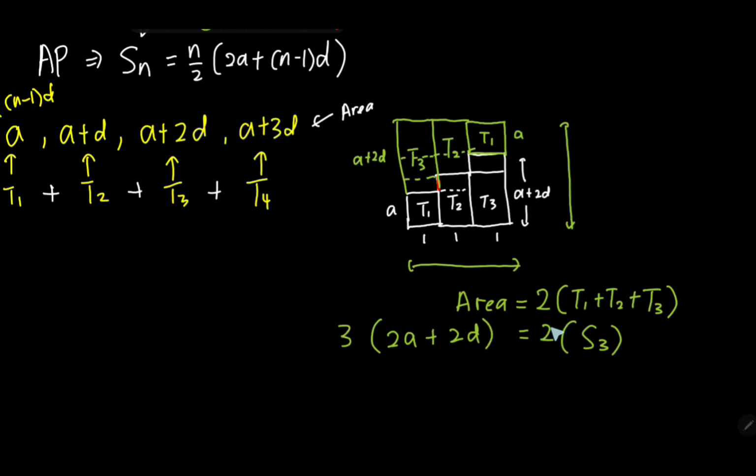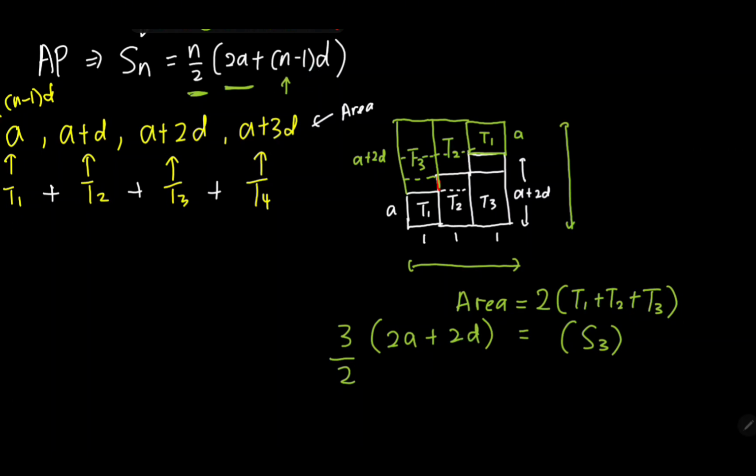If this 2 I move to the other side, obviously it is divided by 2. Here will be divided by 2. I already know my formula: I have the n over 2 already, because my n is 3, so 3 over 2 makes sense. Now I also have the 2a, but I don't want 2d. For the sum of the first 3 terms, you can see here is 3. Imagine 3 minus 1, am I getting 2?